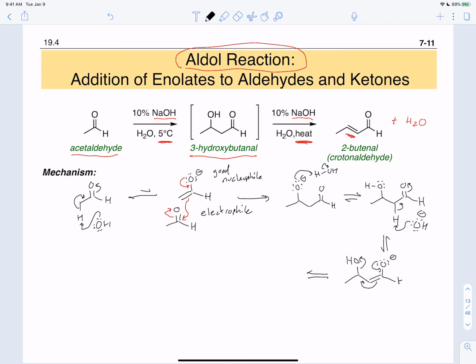So again, normally we don't want to have hydroxide as a leaving group, but in this case it's fairly efficient because it's an intramolecular reaction. This is similar in the same way that whenever we had hemiacetal equilibria, where we were able to eliminate a hydroxide from these tetrahedral intermediates because it was intramolecular.